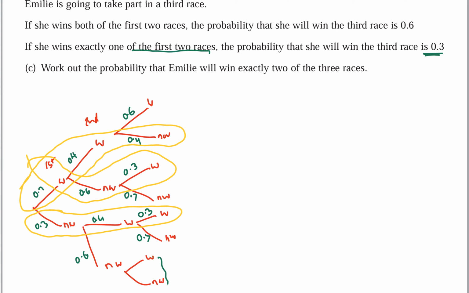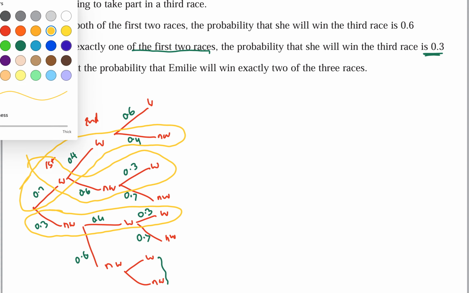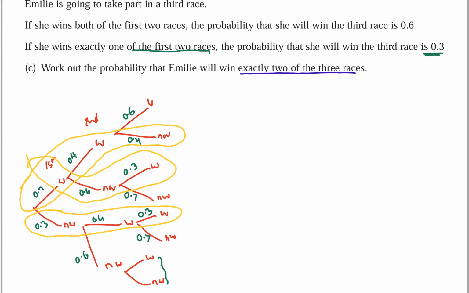Win exactly 2. So the first race, so if I now write it down, it's going to be clearer. So the answer is going to be exactly 2 of the 3 races.